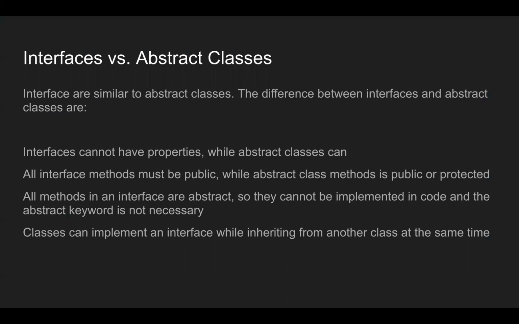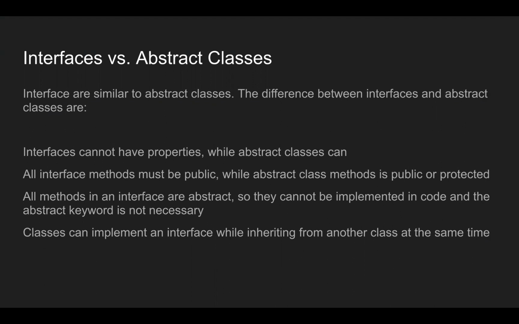So you can't see properties in interfaces. All interface methods must be public. For abstract classes, you can have public and protected, but interfaces must be public.